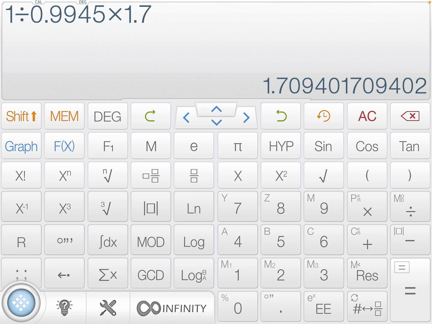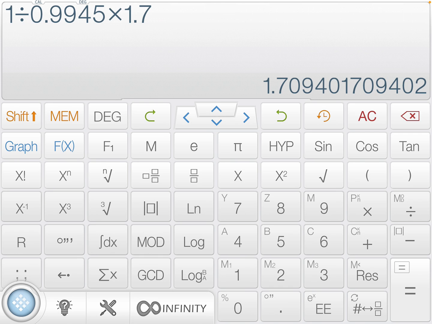Okay, so the nearest hundredth position is 2 decimal places. That's where the 0 is. So if I'm rounding to the nearest hundredth, what I need to do is look one place to the right of it to see if that's going to round up or down. Now, this is a 9. So if the digit to the right is a 5, 6, 7, 8, or 9, then this 0 will round up, which in this case it does.